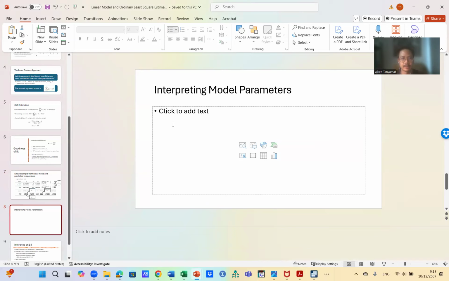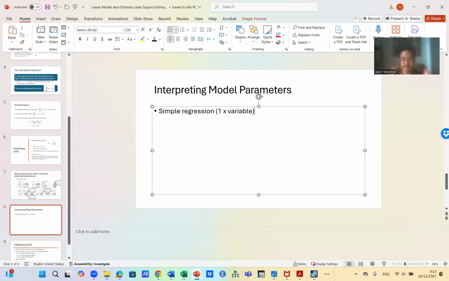So we're going to have to extend the interpretation a little bit. In other words, in the simple regression that we've been talking about up to this point, it's one variable x.